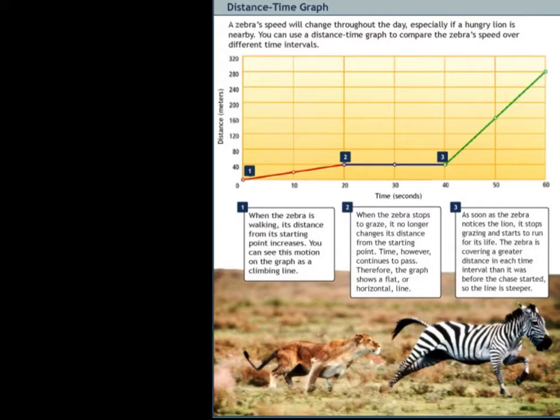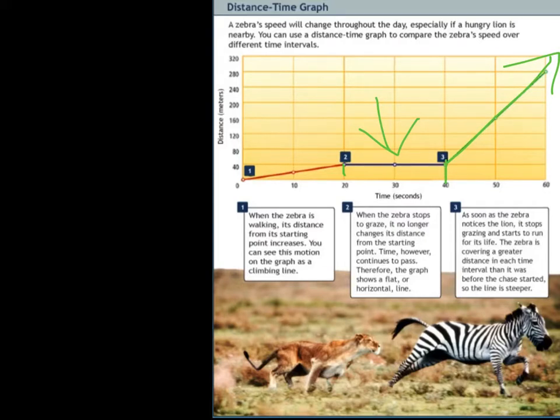So he's just kind of walking along. Then he stops right here in the center from steps 2 to 3, where he has something to eat. And then a lion comes by, so he's going to increase rapidly. And you're going to see that in the graph. You're able to tell these things in the distance time graph by when you see the lines changing position.